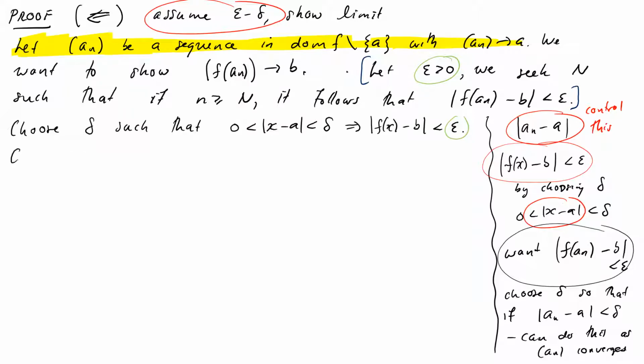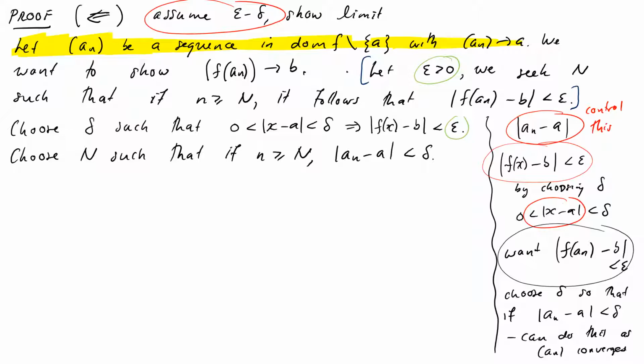So now I'm going to choose N such that if n is greater than or equal to N, the absolute value of a_n minus a is less than delta.